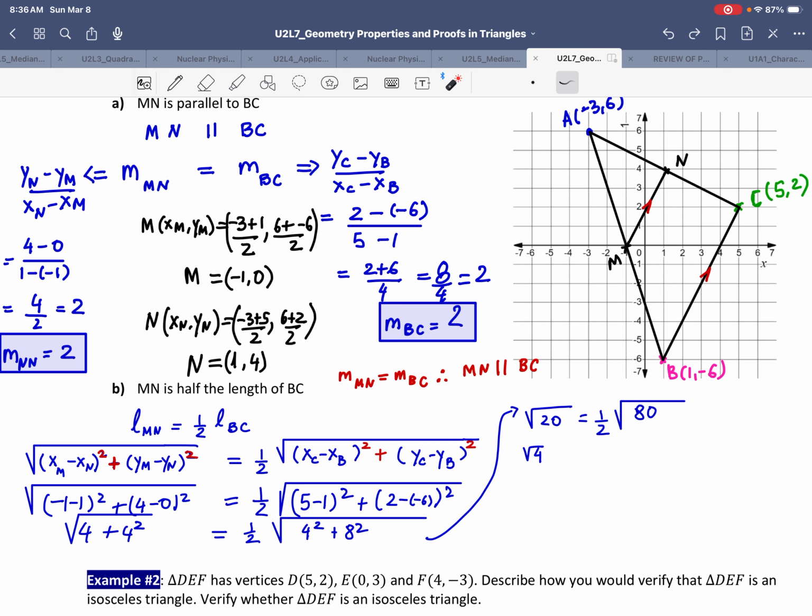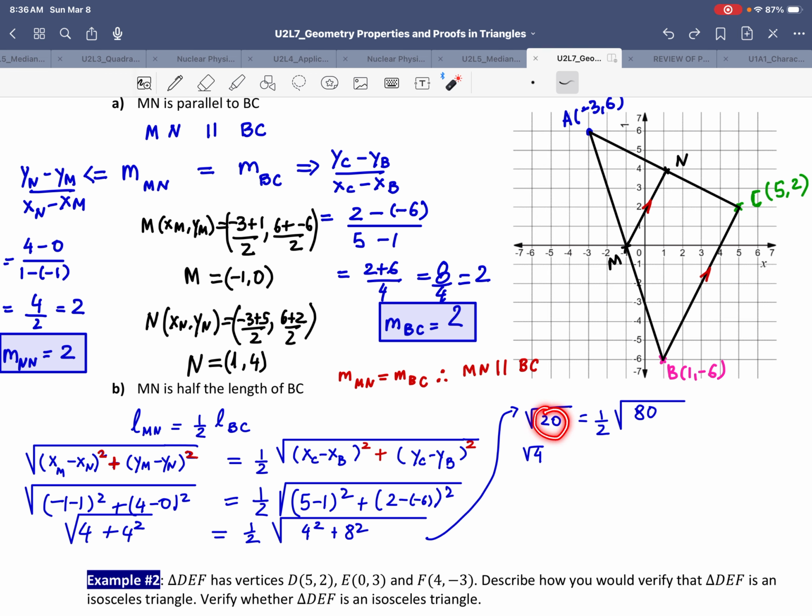So we're going to simplify each radical. This is an entire radical. We're going to turn it to a mixed radical by taking out any perfect square factor. Now remember, perfect square factors are 2 squared equals 4, 3 squared equals 9, 4 squared equals 16, and so on.